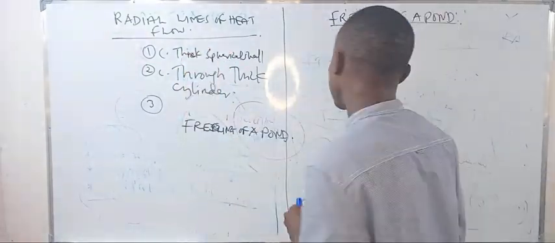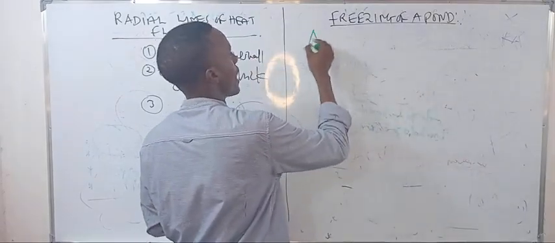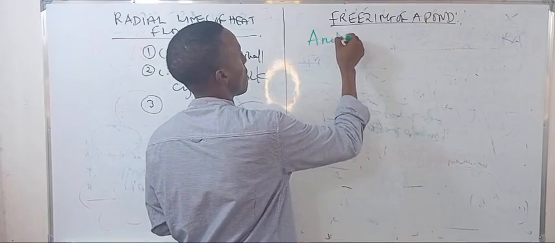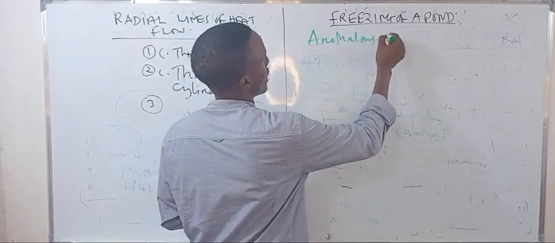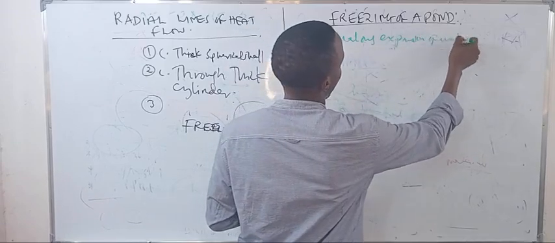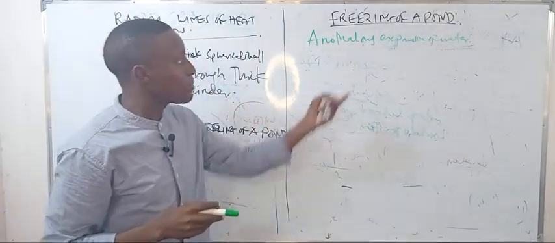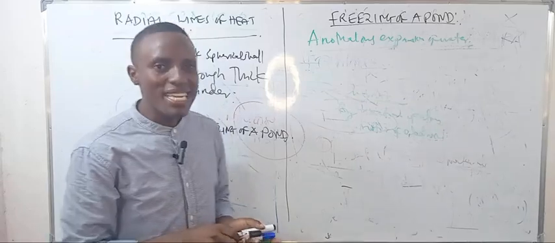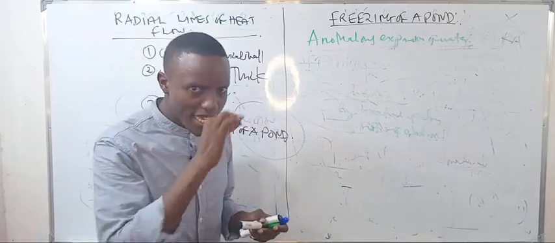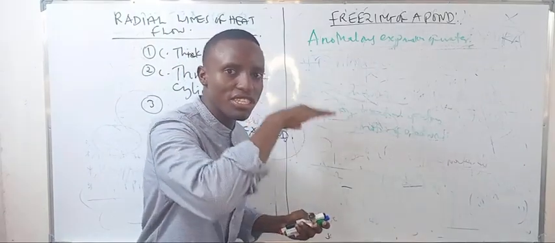So talking about the freezing of a pond, we need to know about the anomalous expansion of water first. What does it mean? It means the increase in density as water is heated from 0 degrees centigrade to 4 degrees centigrade.